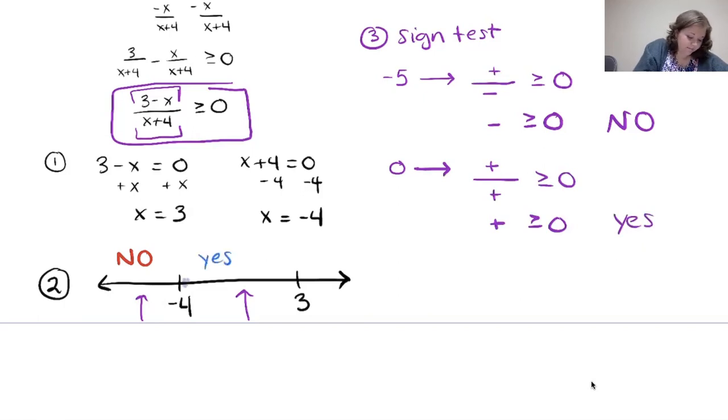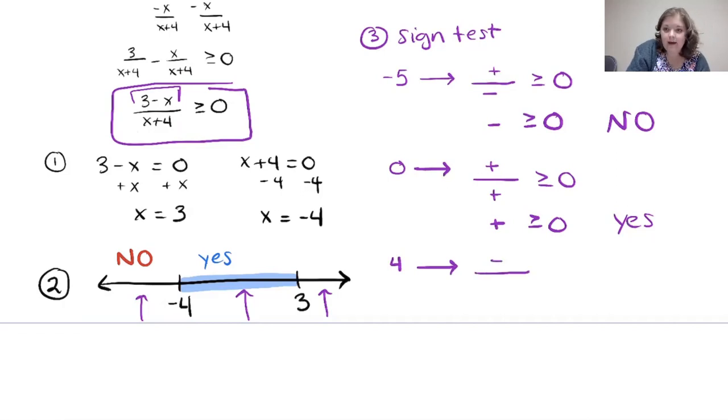So since it's yes, we will shade that interval. And then next we will test the last interval, numbers greater than 3. So I'm going to pick 4. When I plug 4 in, on top I get 3 minus x, which is 3 minus 4, which is negative.